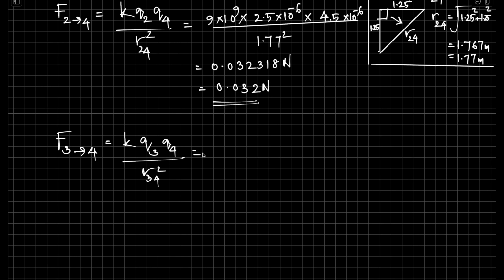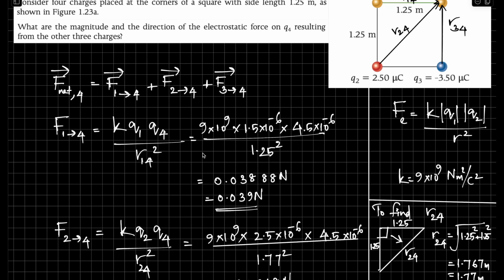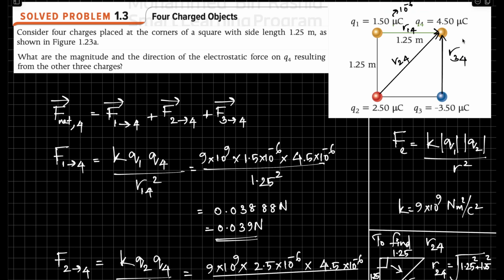Yeah, Q3 is a negative charge, but here we are finding the magnitude of force, so I'm ignoring the negative sign here. So Q3 is 3.5, Q4 is 4.5. Distance between them is 1.25. It's the side of a square, so 1.25 meters.